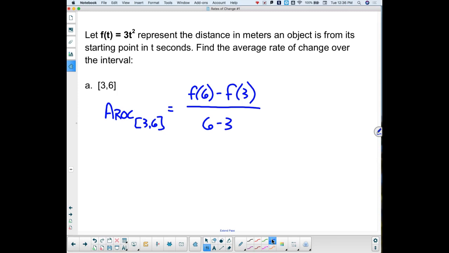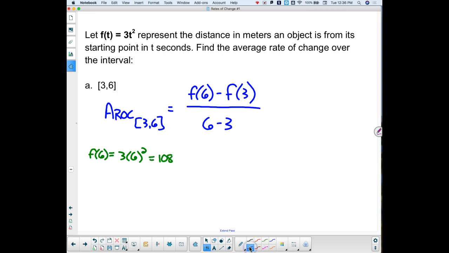F of 6 is going to be 3 times 6 squared, which is 36 times 3. What's that, 108?